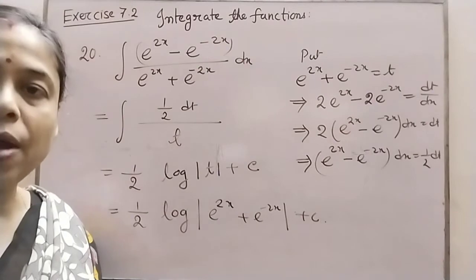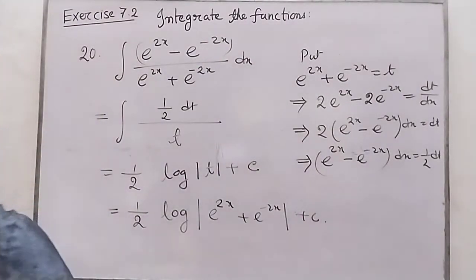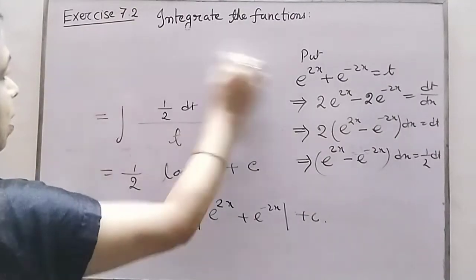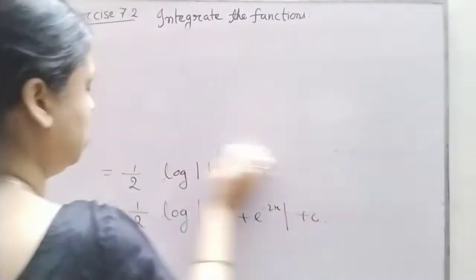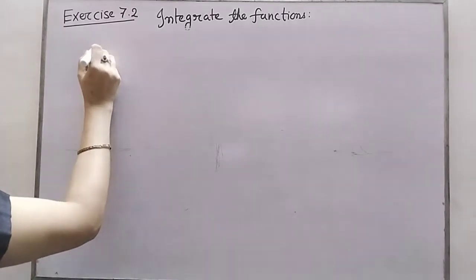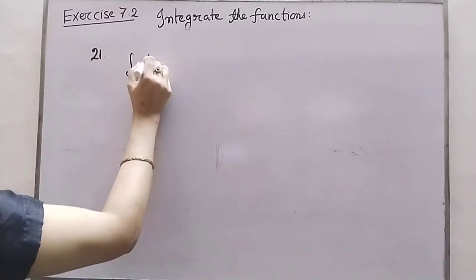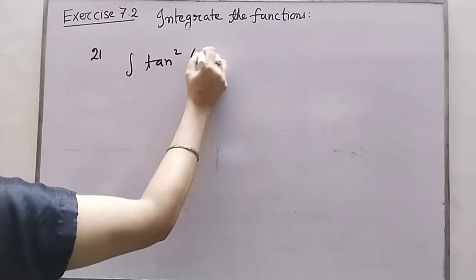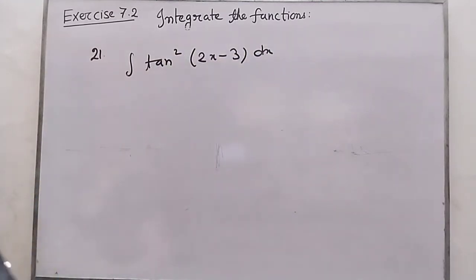Okay. Now I go to the next question, that is question number 21. Your question number 21 is integration of tan square of (twice x minus 3) dx.